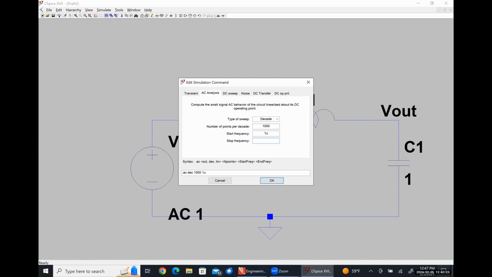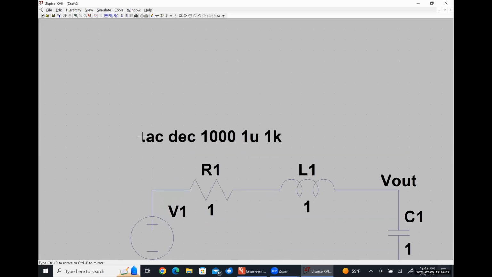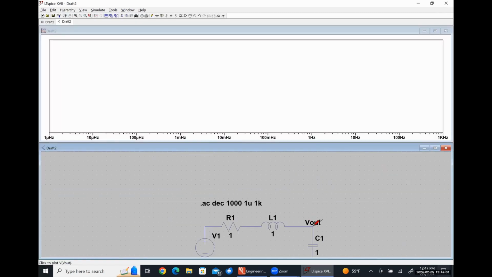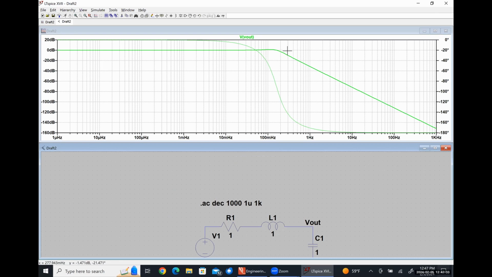Let's end it at kilohertz. So let me change this color from green to blue so you guys can see it a little bit better.